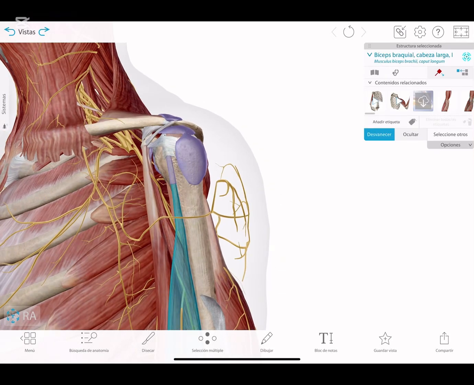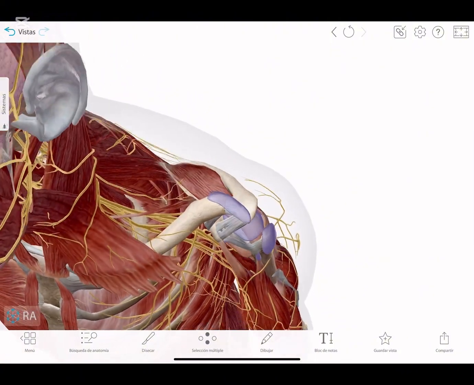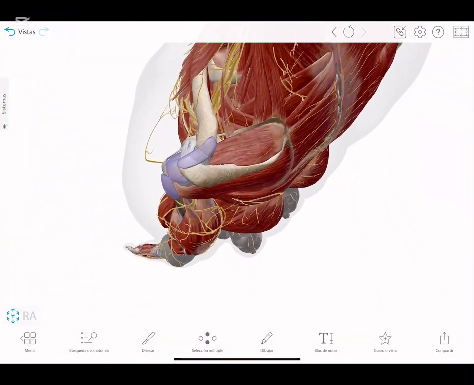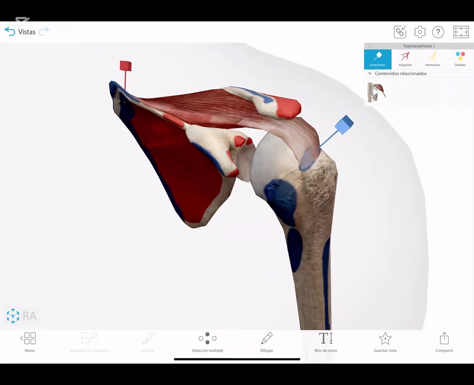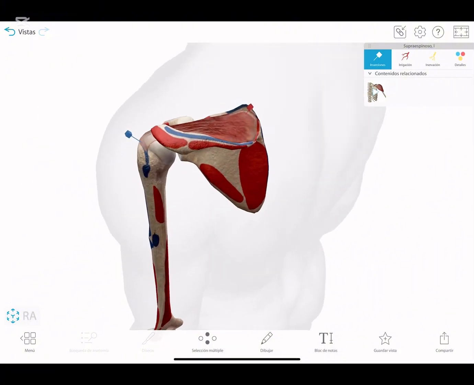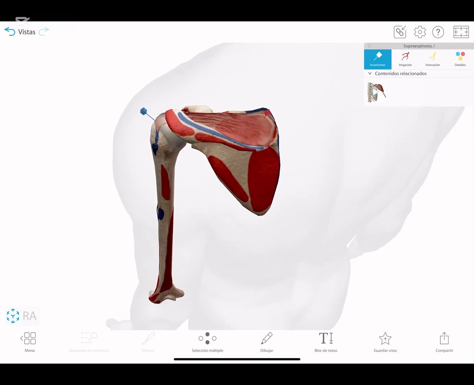Indeed, rotator cuff muscles have a big role in the SLAP lesion. So now we're going to focus on one of the rotator cuff muscles, the supraspinatus. It attaches to the greater tubercle, and it helps with abduction. It also resists gravitational forces and external loads.